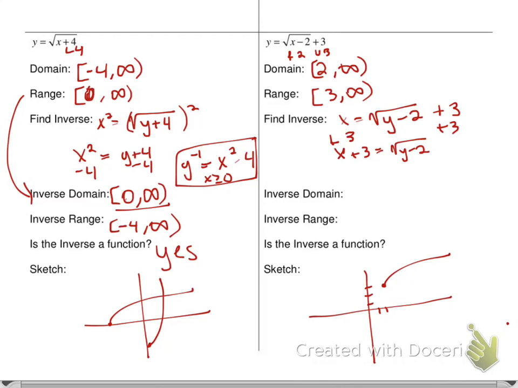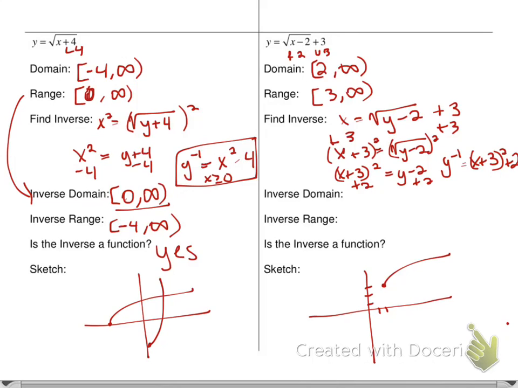Now how do I get rid of a square root? Square it. So (x plus 3) squared equals y minus 2. The last thing I'm going to do is add the 2. So the inverse, y, is (x plus 3) squared plus 2.